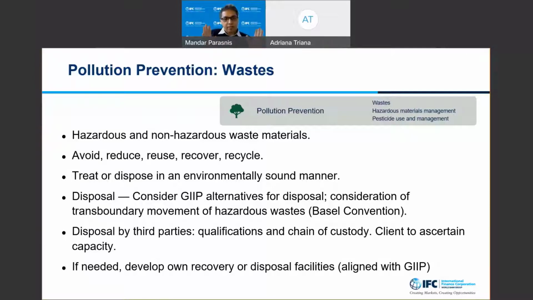It's not that I send the waste outside my facility, I don't care what's happening. It's very important to verify on an ongoing basis the chain of custody of the waste that's sent to the disposal, make sure it is actually sent, it's properly disposed of, and collect the necessary certification and documentation to make sure that it's done so. In case needed, sometimes you may not have a good centralized facility, then companies or the clients may have to develop their own recovery and disposal facilities, again, aligned with the GIIP.